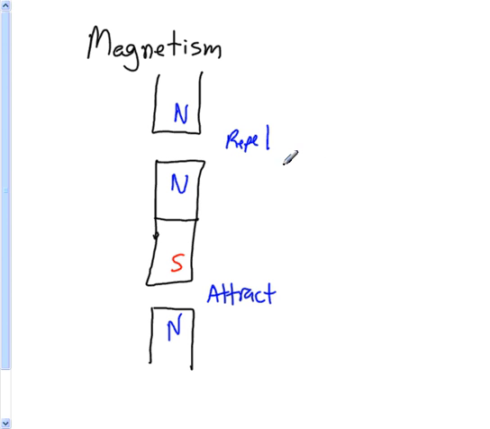This is very similar to what we've already discussed in terms of just charges, how two like charges will repel but two unlike charges will attract. Well, it really turns out that magnetism and electricity or electrostatics are very, very closely related. So it's kind of no wonder why they end up exhibiting themselves the same way.